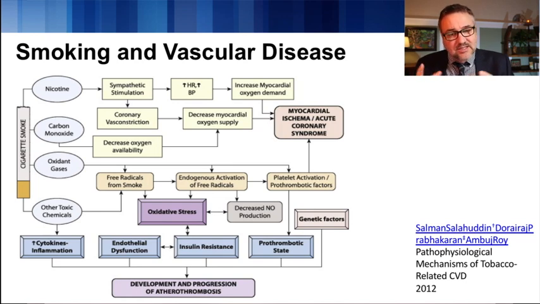It actually increases myocardial contractility and myocardial demand. But we're talking about a fairly small change. We're talking about an increase in heart rate of about 7 points and an increase in systolic blood pressure of about 7 points for a person who smokes a pack a day. So it's real there, and there is an increase in myocardial demand.